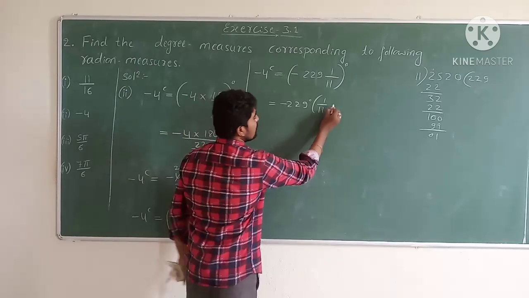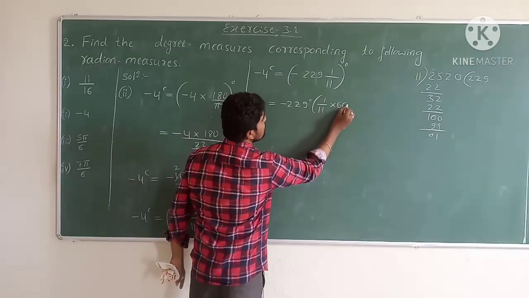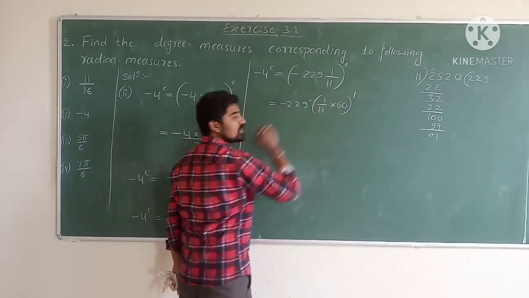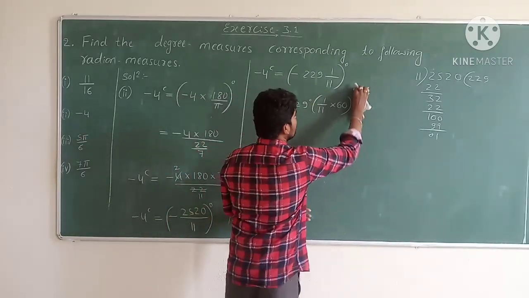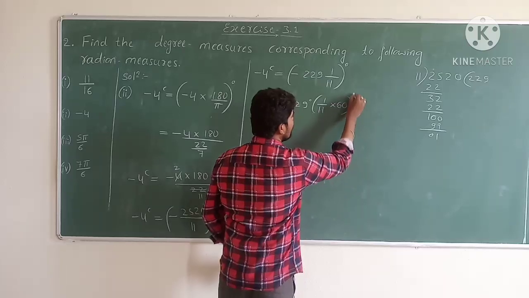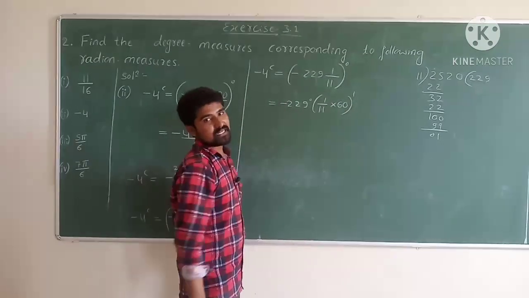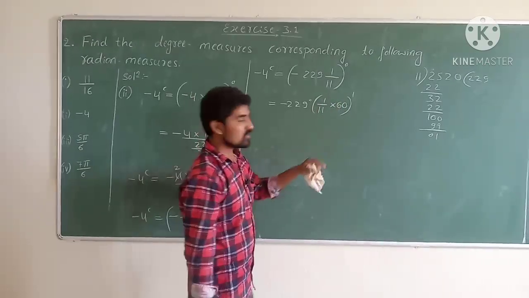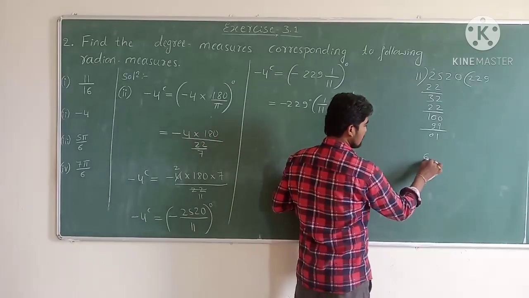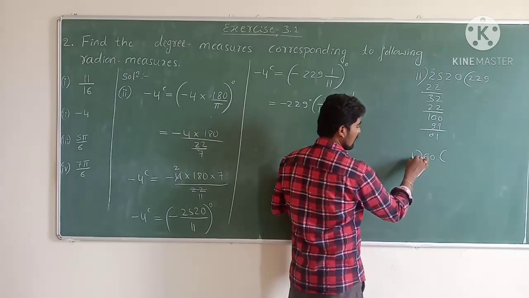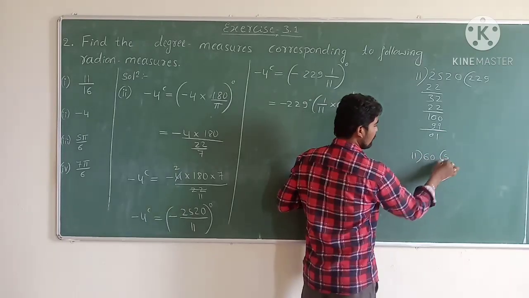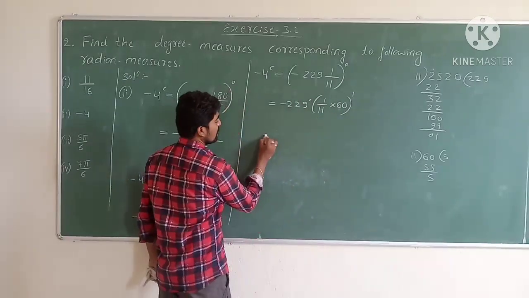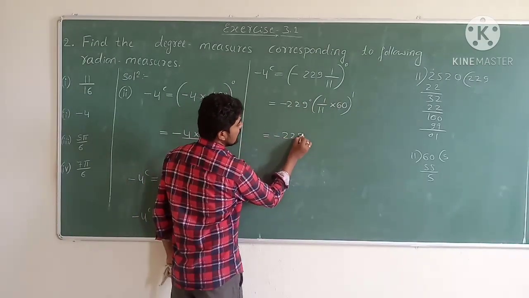So for that we need to multiply by 60. Now this is in terms of minutes. Now these minutes should be split in terms of seconds. So for that 60 is divided by 11. So 11 5s are 55. Remaining 5. Therefore minus 229 degree.